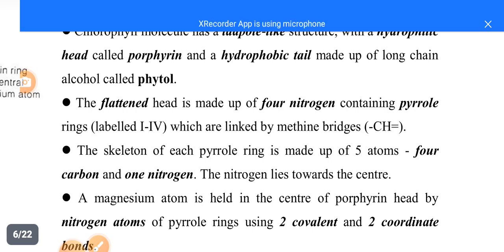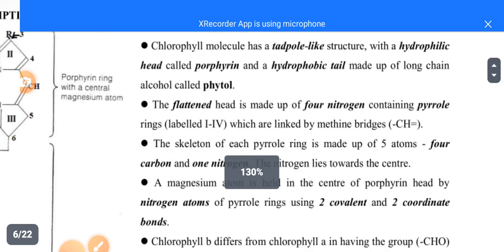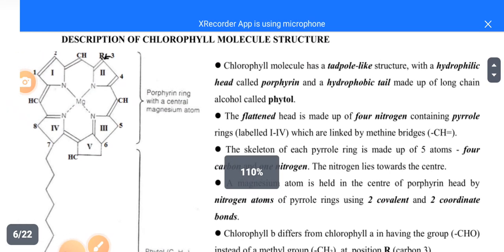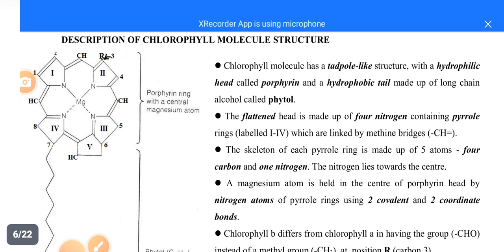Now they are saying that the skeleton of each pyrrole ring is made up of 5 atoms, 4 carbon and 1 nitrogen.